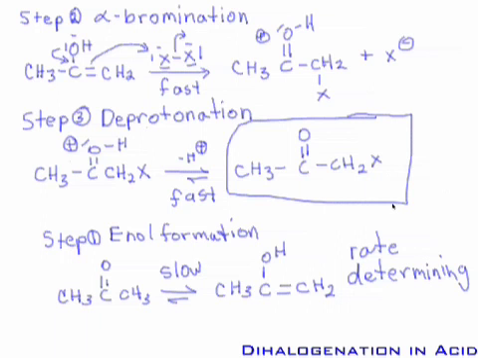Well, in order to answer that, we have to ask, what will the influence of X be on the rate determining step? That is, if we change acetone to CH2X, is the concentration of enol likely to go up in acid or down?